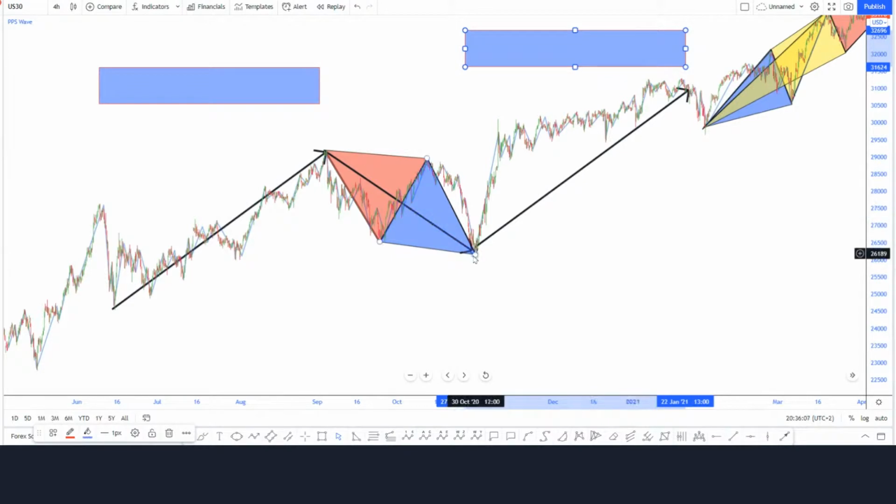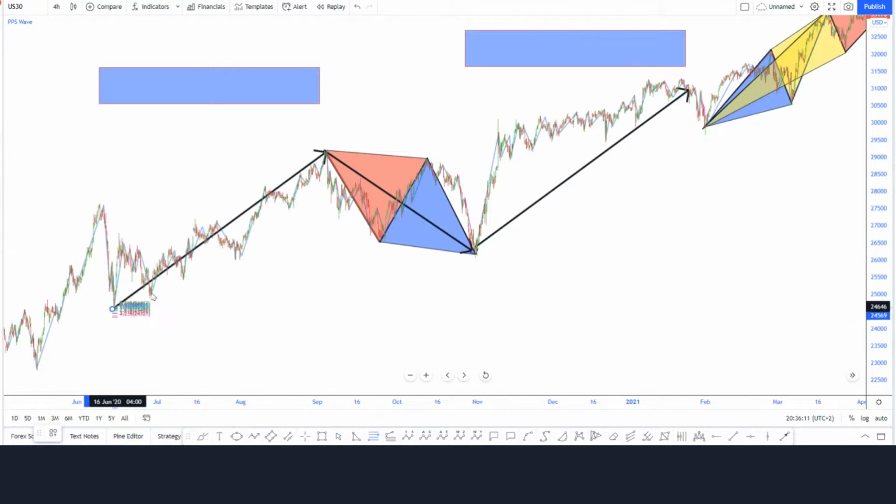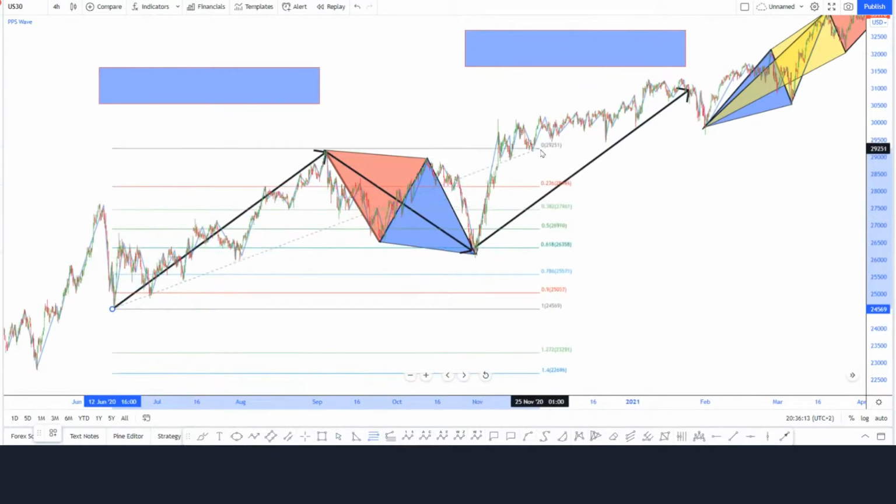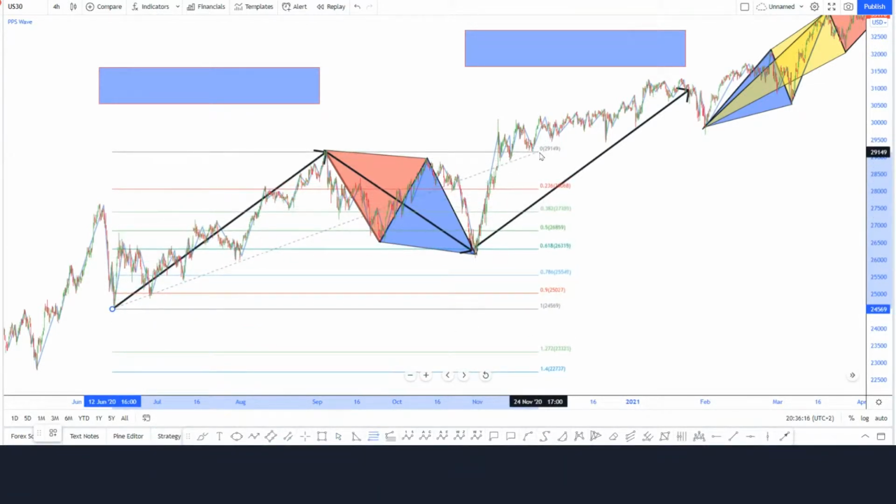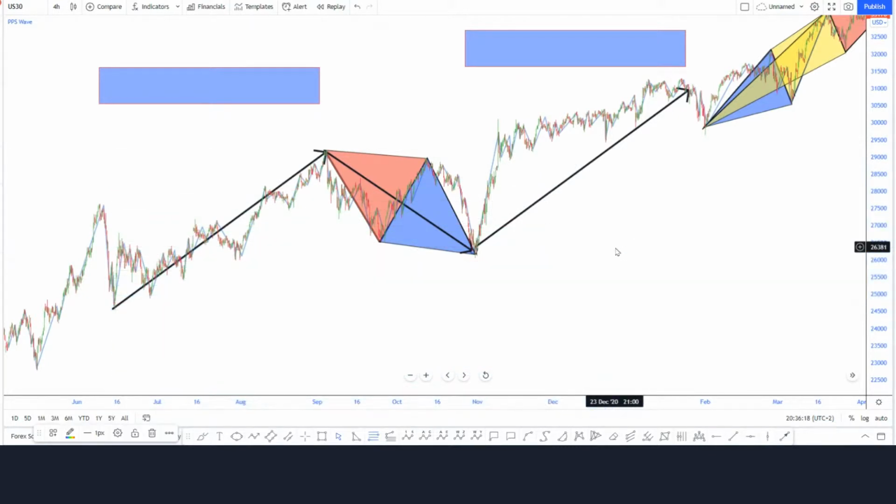It's nice to see the correction of this one is 50% or 61%. So we take the Fib retracement. That was actually exactly 61.8. That's what's called a perfect ideal ABCD pattern.